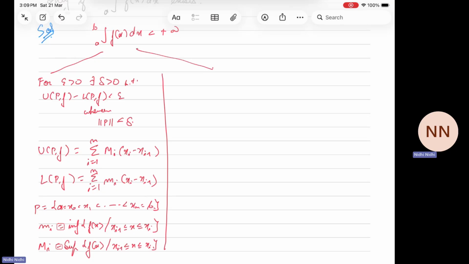And the second one is via the Riemann sum, where we say that the limit as the norm of P tends to 0 of S(P,f) is finite.